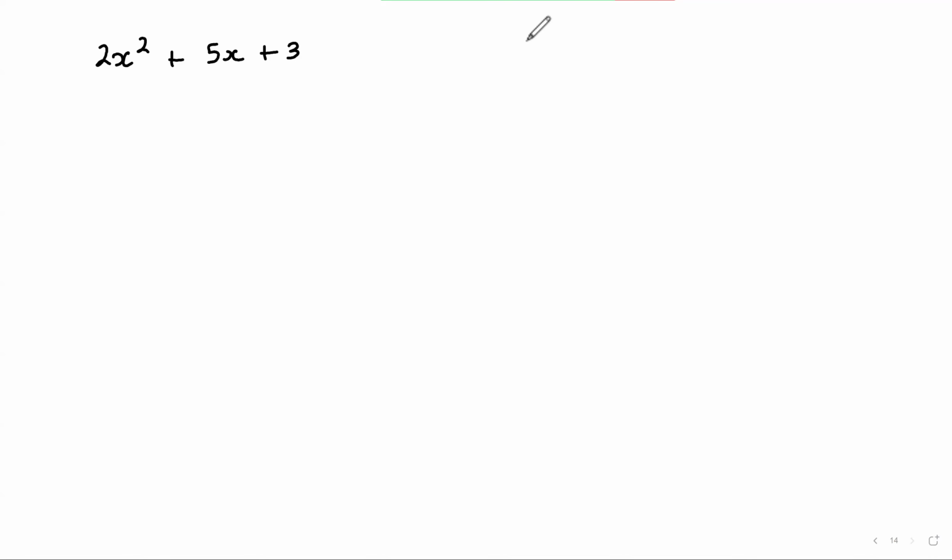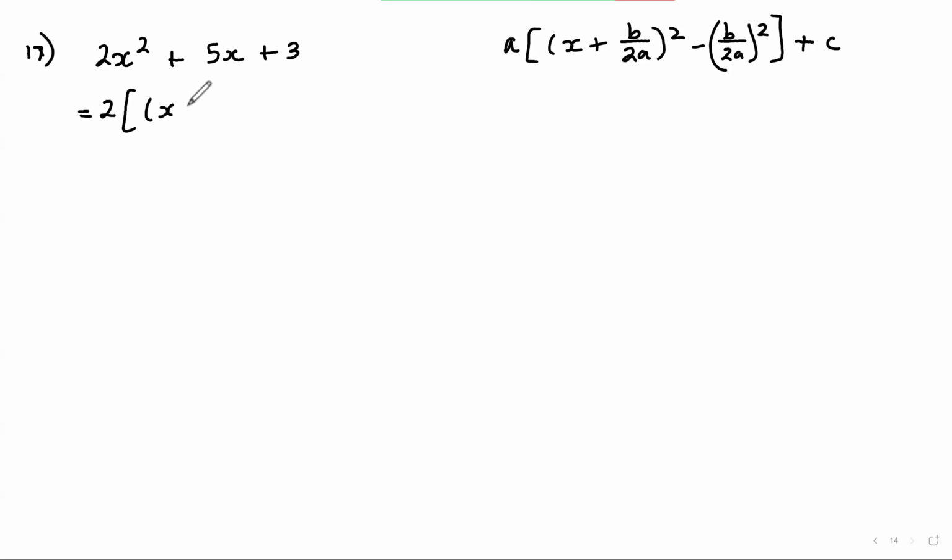Okay, Jenny, so the first line is going to look like a by x plus b over 2a squared minus, sorry, always minus, no matter what. Even if this is a plus here, this is the rule. You have to minus that b over 2a squared plus c. Let's go, Jen. What's the first line? 2 brackets x, 5 over 20?